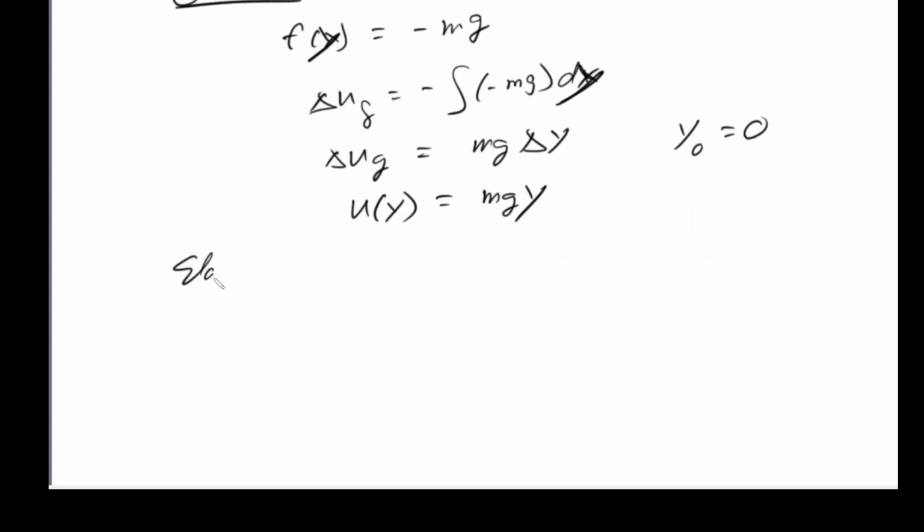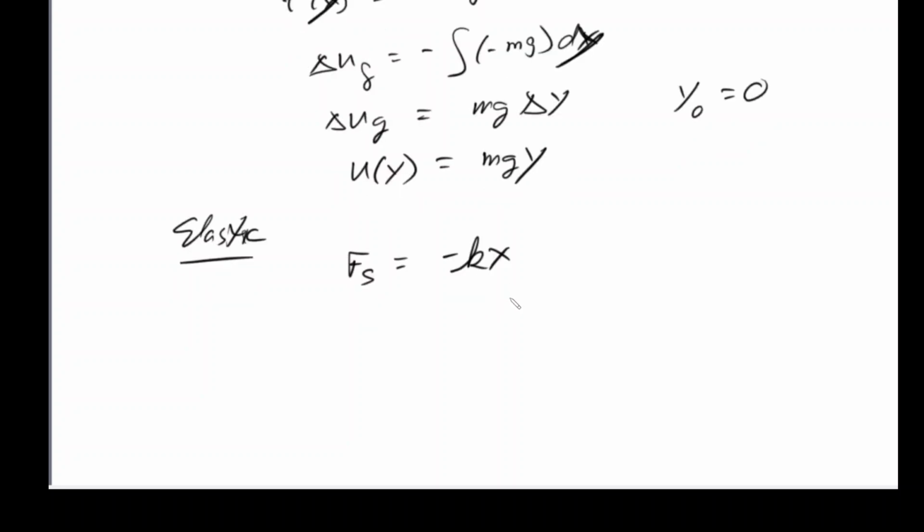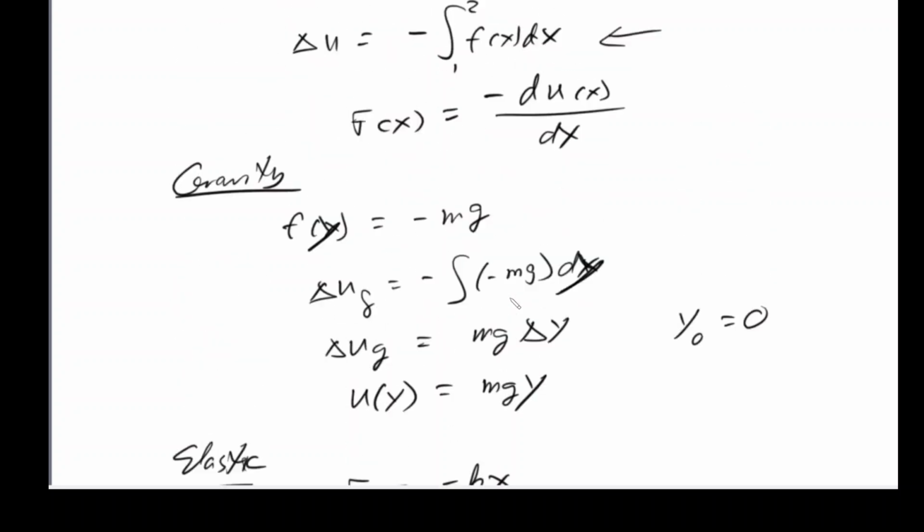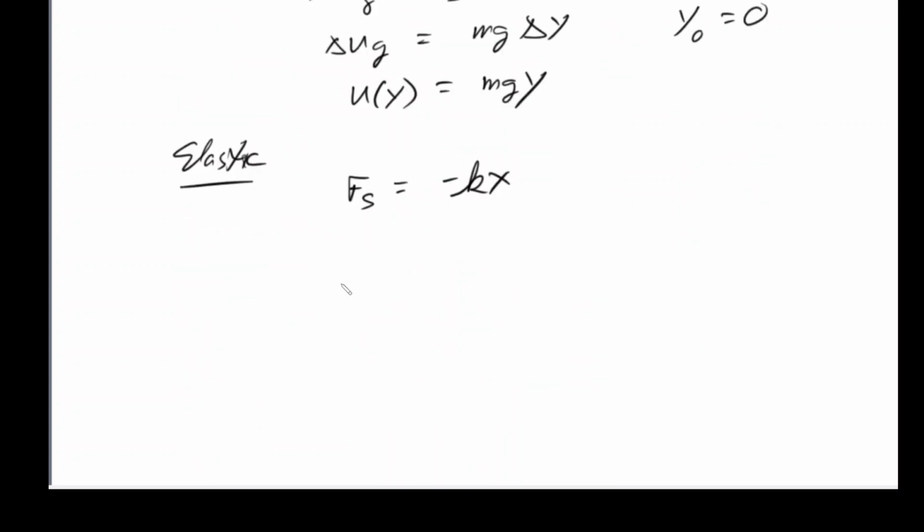Let's look at an elastic system, namely a spring. Well, we know the force of a spring is equal to minus kx. So again, substituting that in for our potential energy equation, we get delta U equal to minus W, which is equal to minus the integral of minus kx dx.